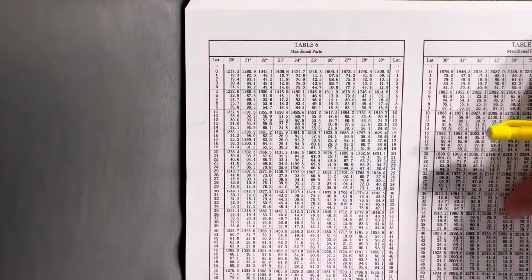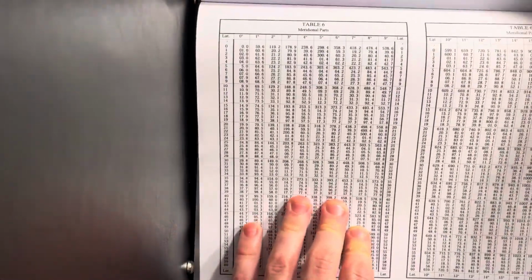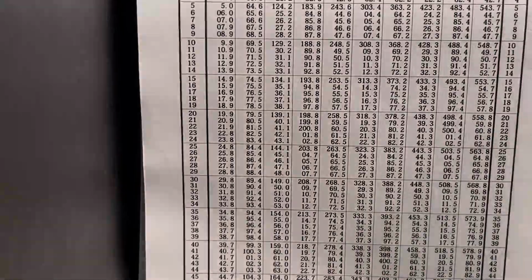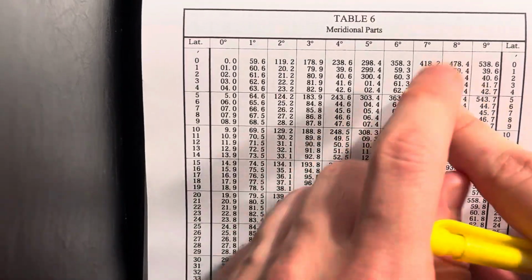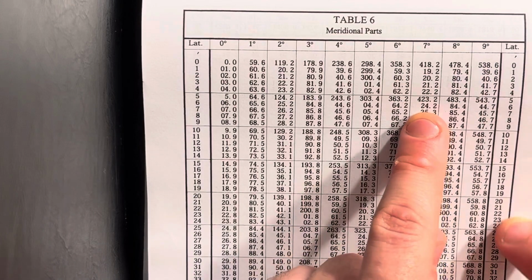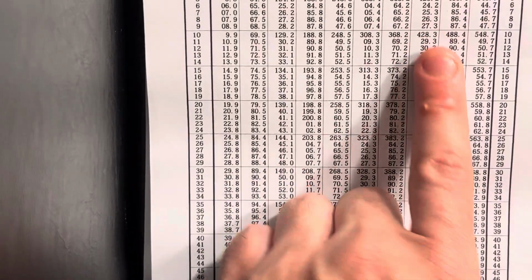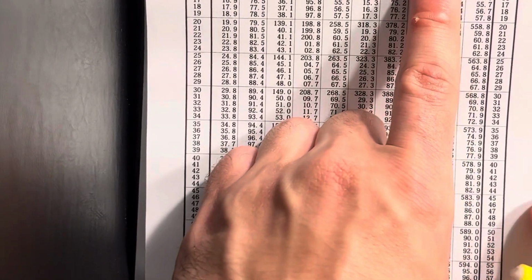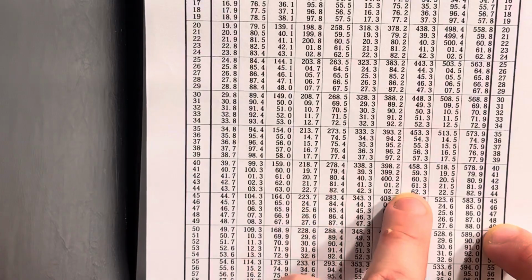Now we need to find 7 degrees 49 minutes. So we go back to our table, bring it down to the beginning section. There's our 7 degrees column. We follow our rows down further to 49. So 7, 49.